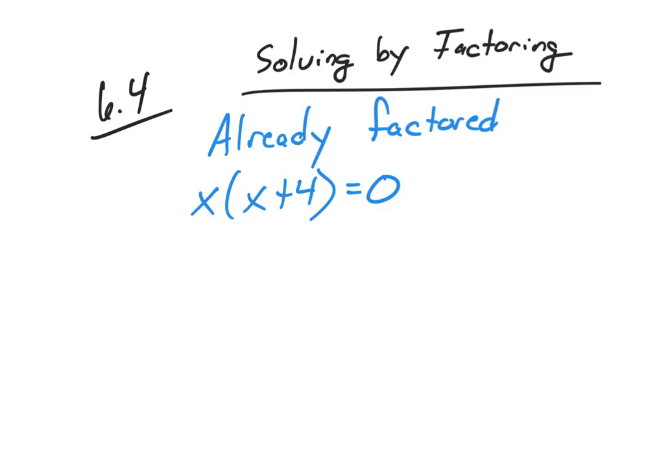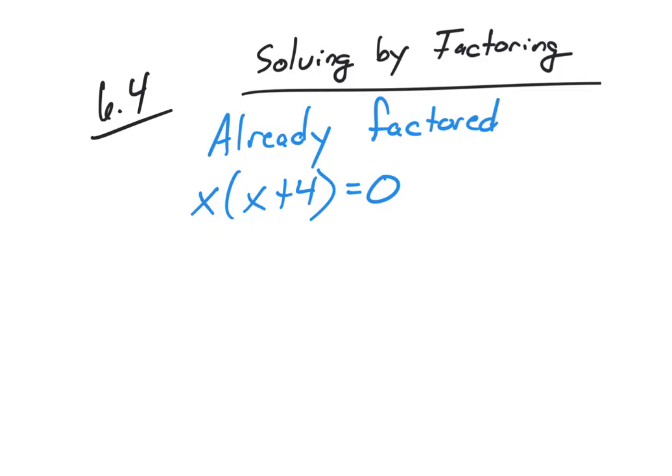All this chapter so far, we've just been given a polynomial, factored it in some shape or form, and then left it there. Well, today we're going to take it a step further and actually solve it, and try to figure out what values of x make this equal 0.